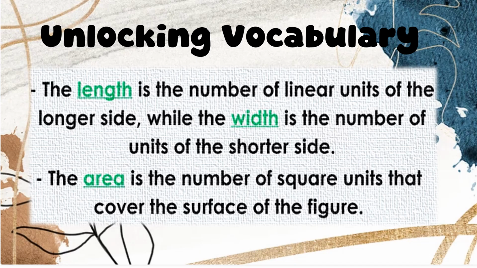The length is the number of linear units of the longer side, while the width is the number of units of the shorter side. So remember, the length is the longer side, and the width is the shorter side. And the area is the number of square units that cover the surface of the figure. So all the squares that cover a figure is called the area.